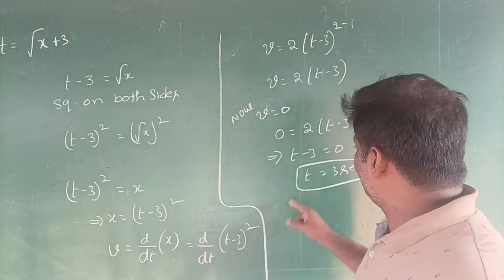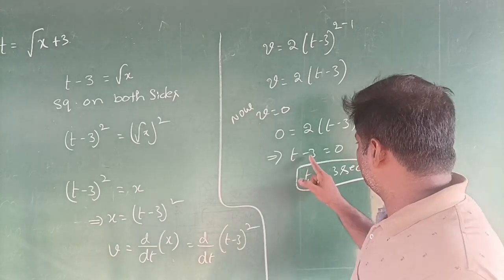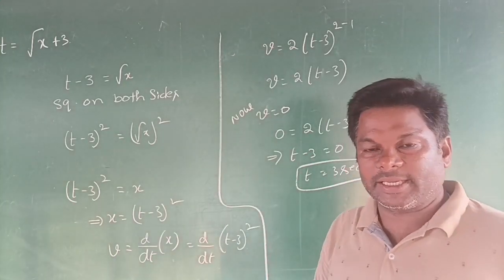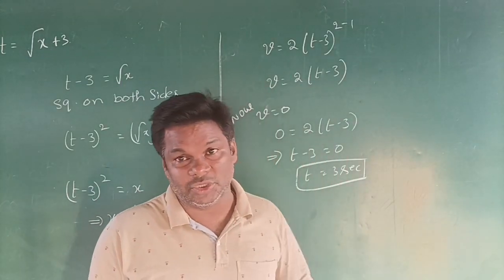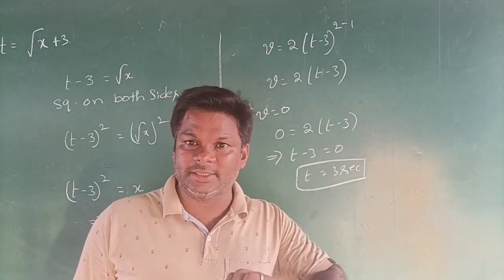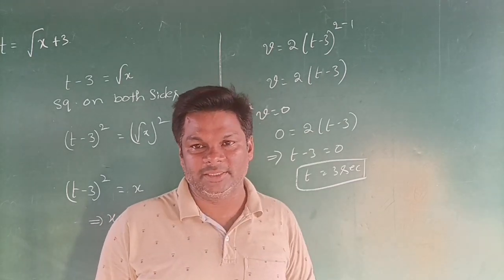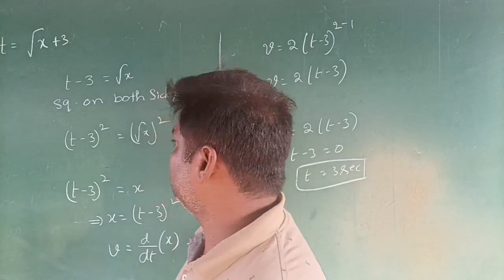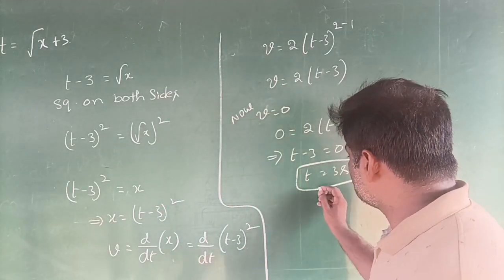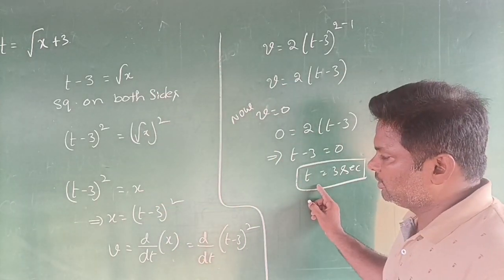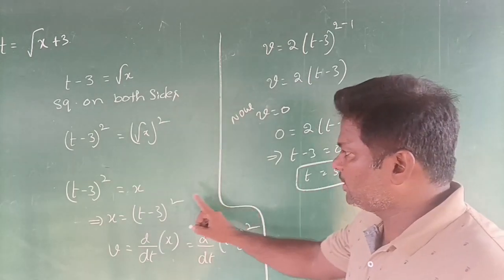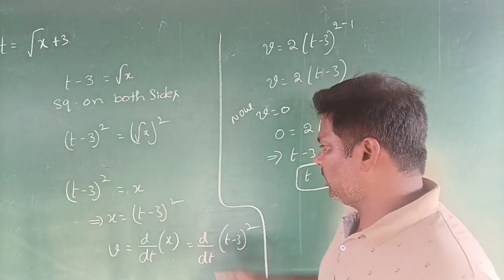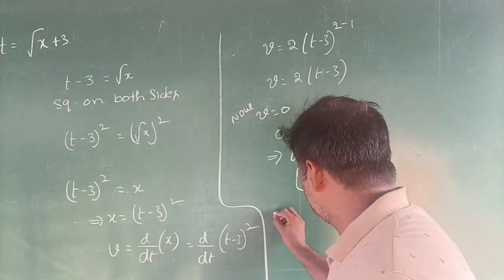Very well. So when the velocity becomes 0, when t is equal to 3 seconds, up to that time, how much distance or displacement it covered? Look, substitute this t value in the given equation. Now I am going to substitute this 3 value here.